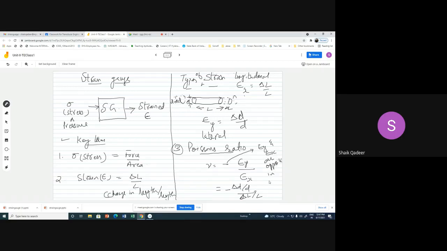Can I go to the next page? One point to keep in mind: for most metals, the range of Poisson's ratio is 0 to 0.4, for a metallic strain gauge.